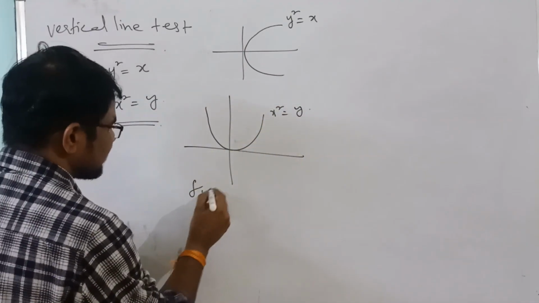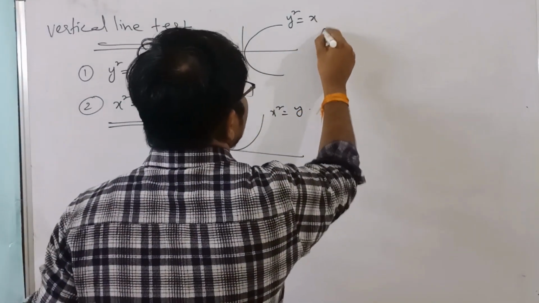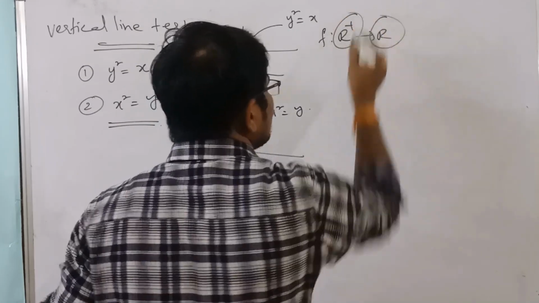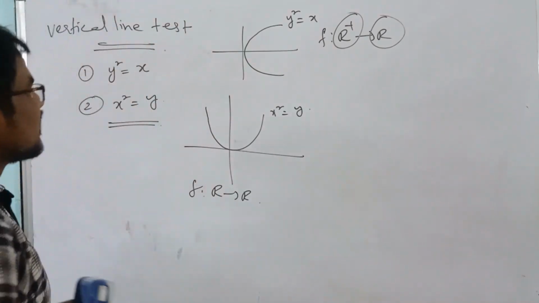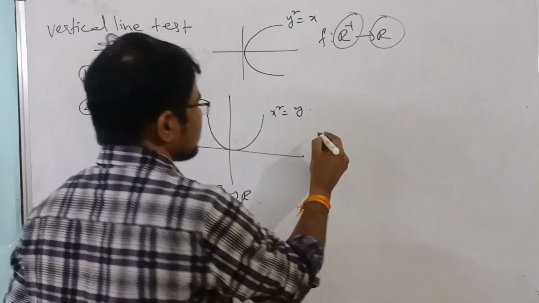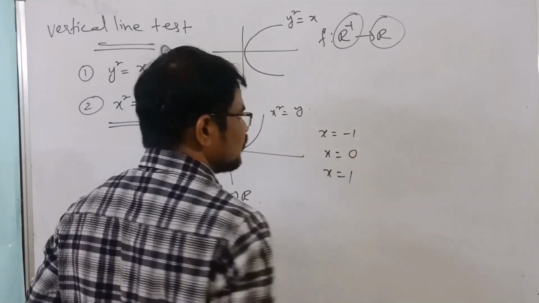Suppose it is mapping from R to R. It is mapping from f of R plus to R. Here observation of domain and codomains are most important. Now here I will take suppose three values, x equal to -1, x equal to 0, x equal to 1.